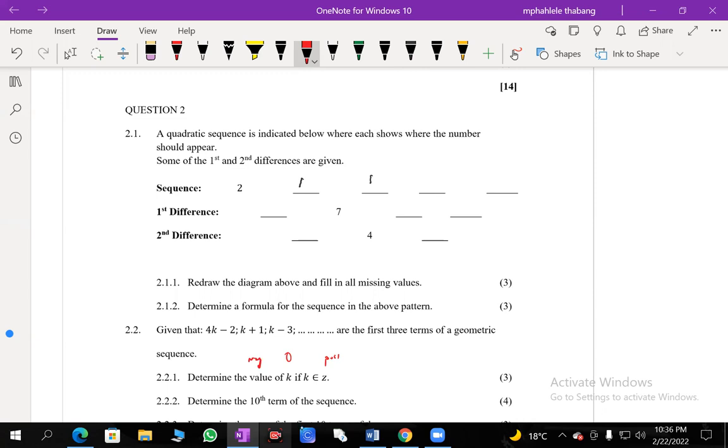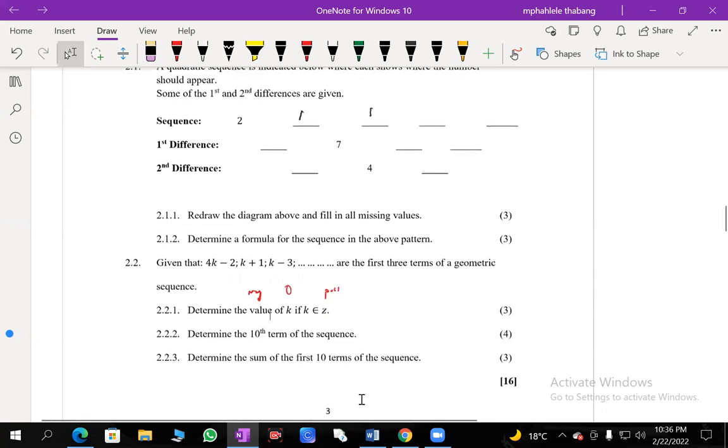So besides that, your statement says K is an element of the integers. The term number is always a whole number. The examiner is very smart actually.